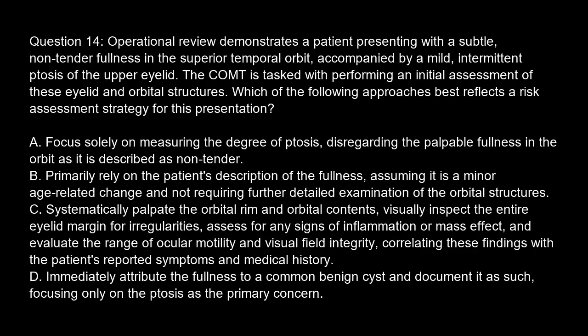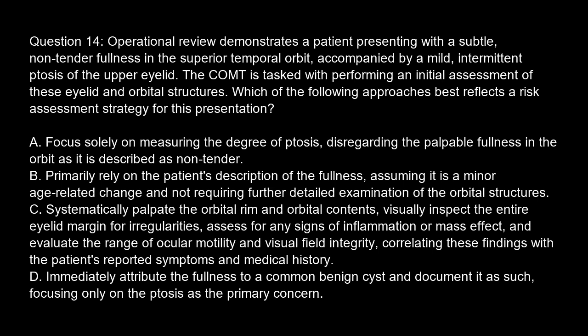Option A. Focus solely on measuring the degree of ptosis, disregarding the palpable fullness in the orbit as it is described as non-tender. Option B. Primarily rely on the patient's description of the fullness, assuming it is a minor age-related change and not requiring further detailed examination of the orbital structures.